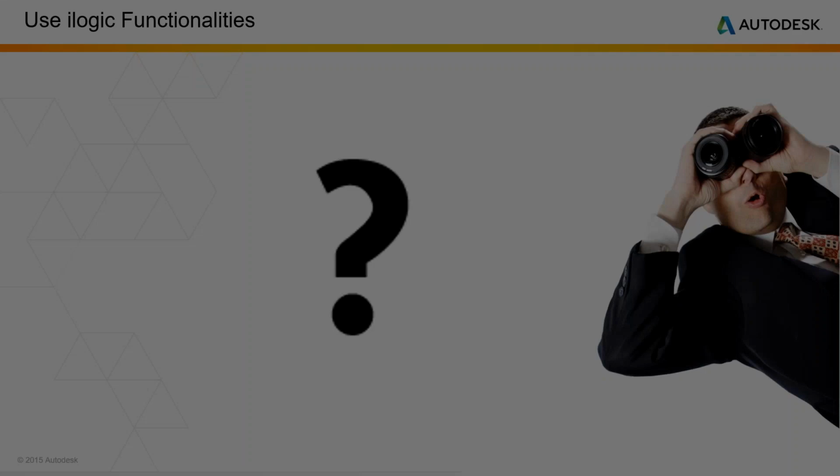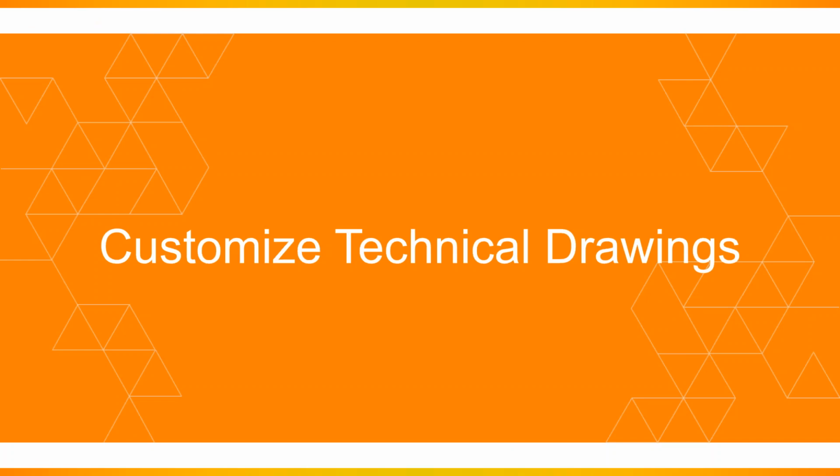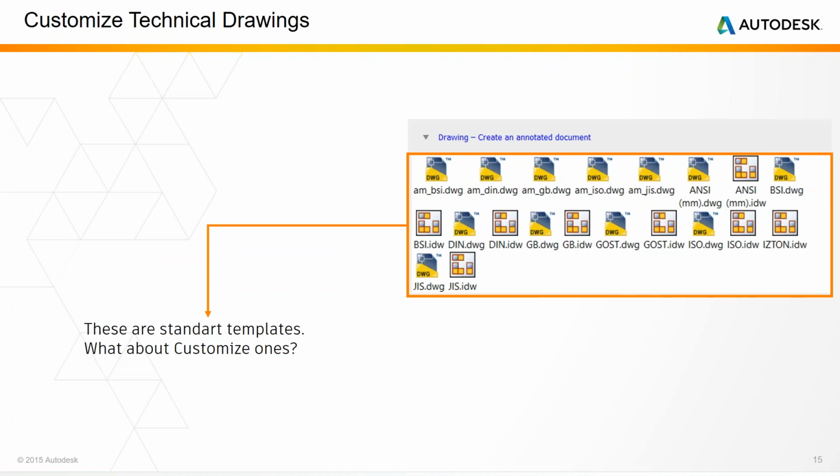Then we can move on to customizing technical drawings. So we can use iLogic and we can also use that functionality to fill technical drawing titles. Inventor simply has almost all standards.